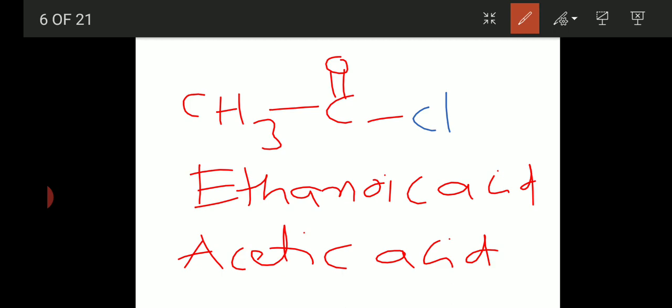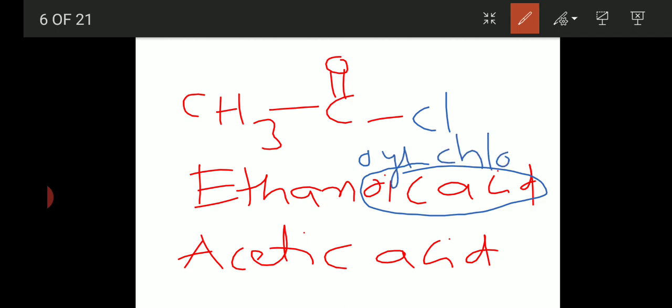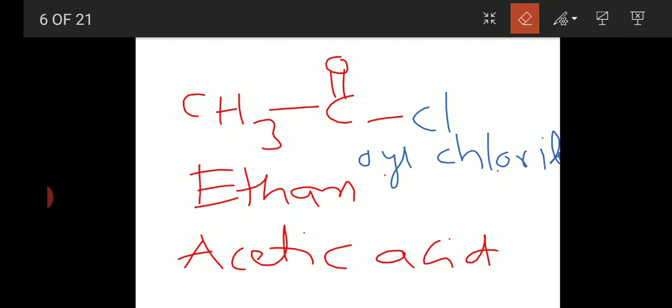Now in place of oic acid, we have to write oyl halide, that is chloride. So how can we pronounce this name?